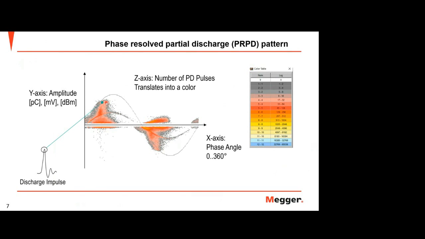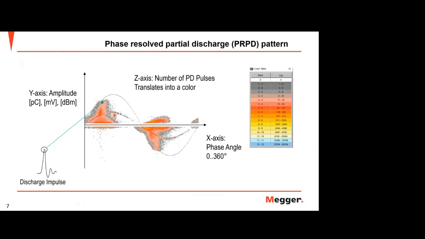If it happens at the same point many times, depending on the intensity, they will differentiate with color information. So you can see here the table of the relation between the number of discharge pulses at the same point, with a log-log algorithmic scale.